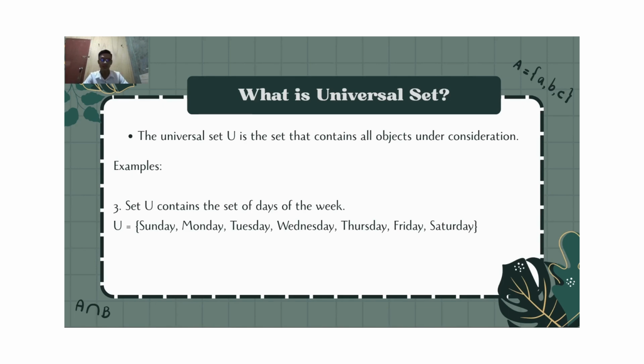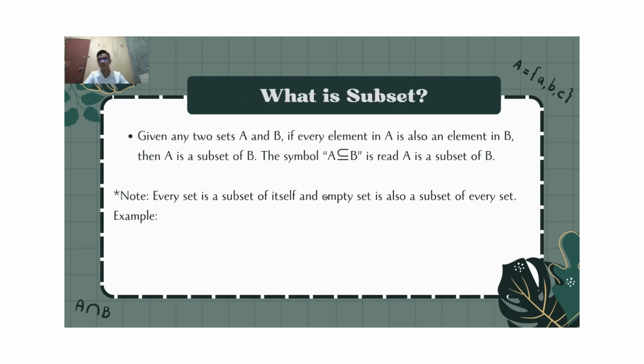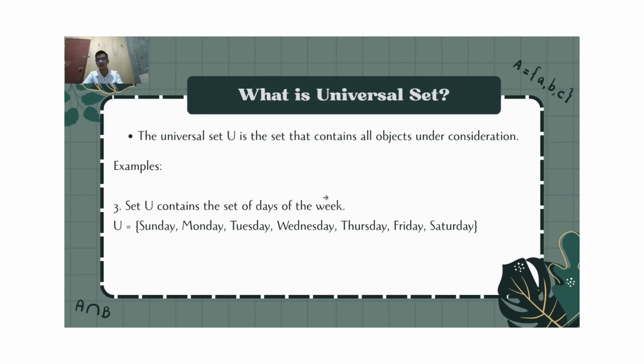We have 7 days in one week: Sunday, Monday, Tuesday, Wednesday, Thursday, Friday, and Saturday. Those are the examples of universal set. Again, the universal set is the set that contains all objects under consideration.